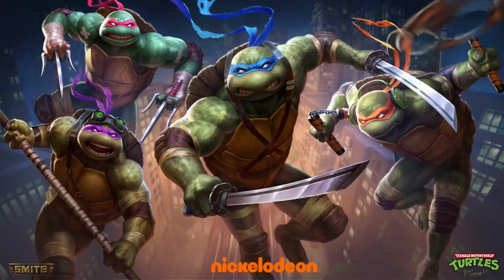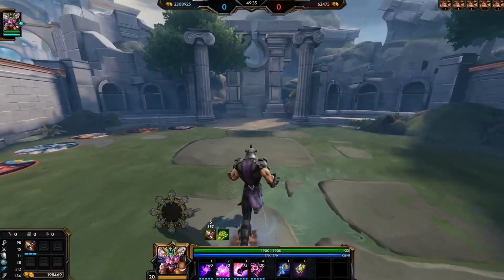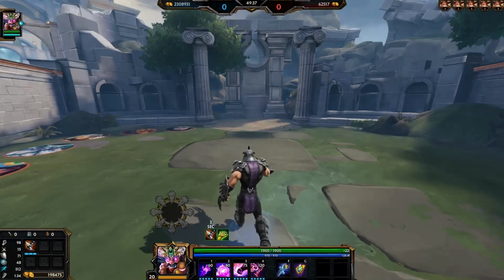We nod to the other versions, the cartoony, more classic version too. But this is the SMITE version of what the turtles would look like. And bringing Splinter and Shredder into that too, that's the SMITE version as well. I think that's really cool that we have our own version of these guys now.